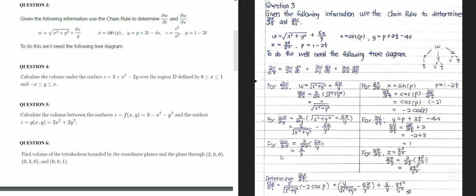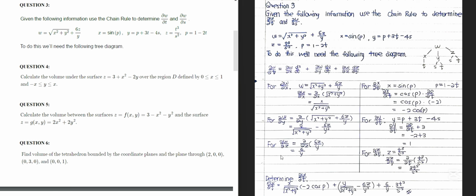The first step, we need to expand ∂W/∂t using the chain rule. Then we expand ∂W/∂t equals ∂W/∂x times ∂x/∂t plus ∂W/∂y times ∂y/∂t plus ∂W/∂z times ∂z/∂t.